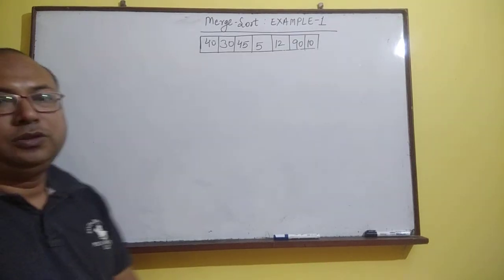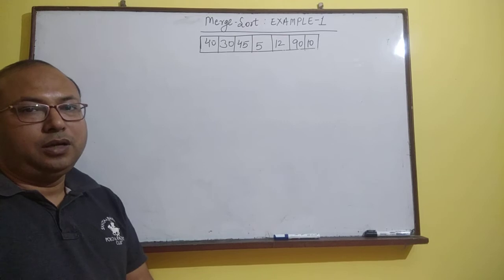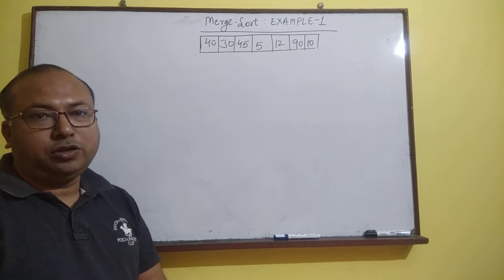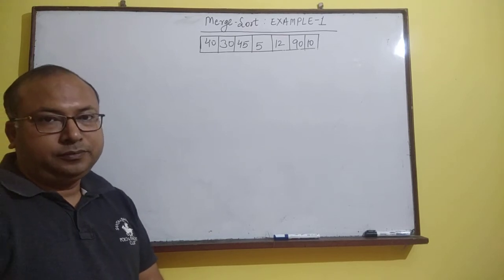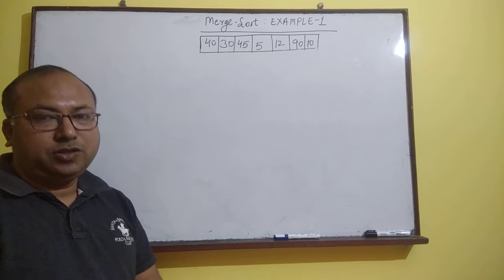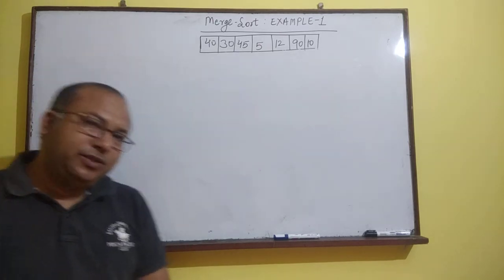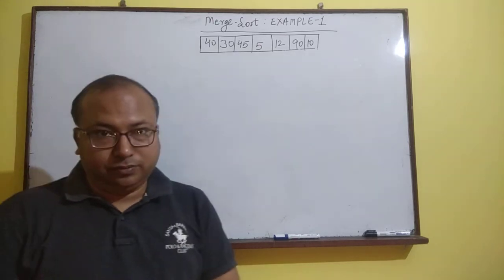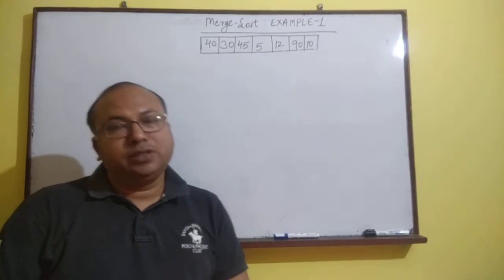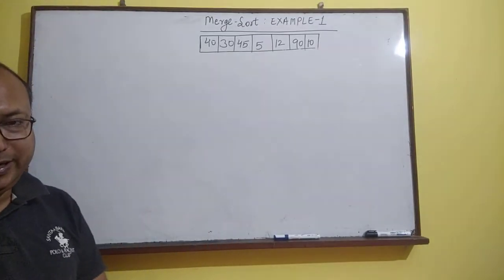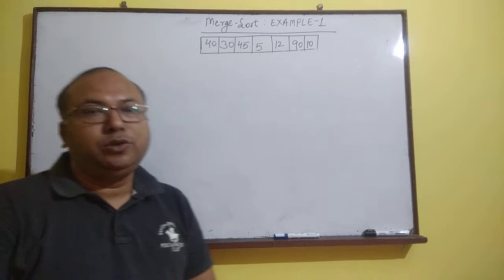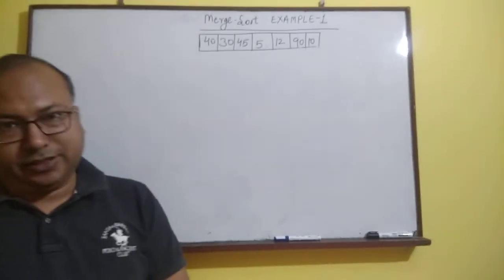Good morning, friends. Today we will see how to apply merge sort on an array. Merge sort is basically a sorting technique which is based upon divide and conquer. This is one of the best sorting techniques as compared to all the available sorting techniques.